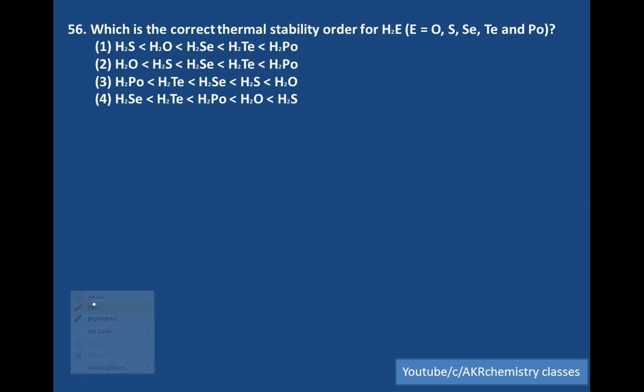Next question: which is the correct thermostability order of the hydrides of the oxygen family? This is also chosen directly from the NCERT textbook. Oxygen family: oxygen, sulfur, selenium, tellurium and polonium. As we move down the group, the stability decreases. The reason is, as we move down the group, the bond length between hydrogen and the oxygen family element increases.